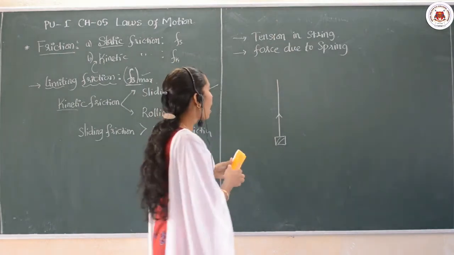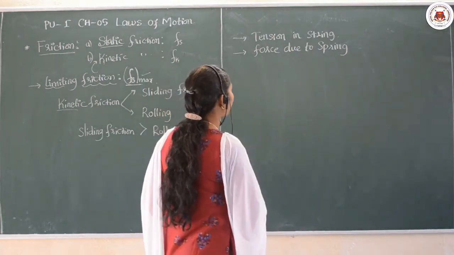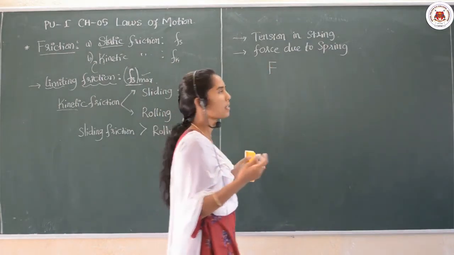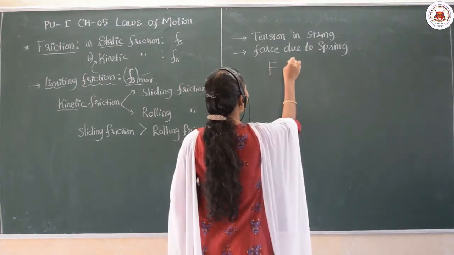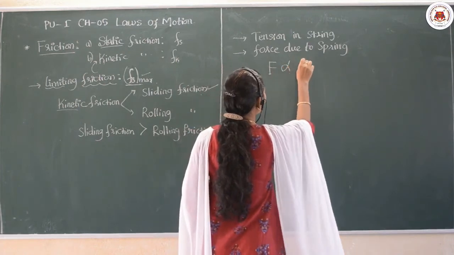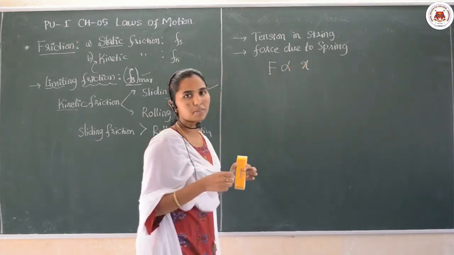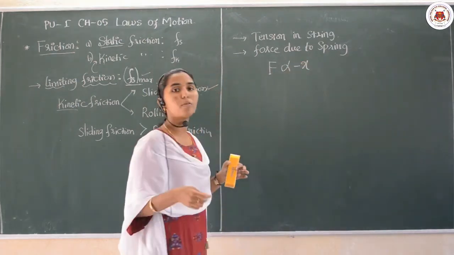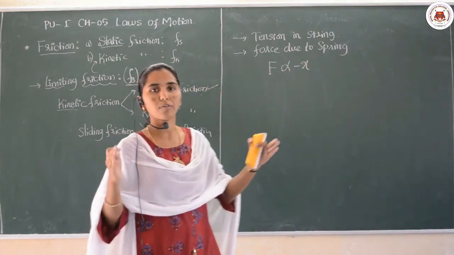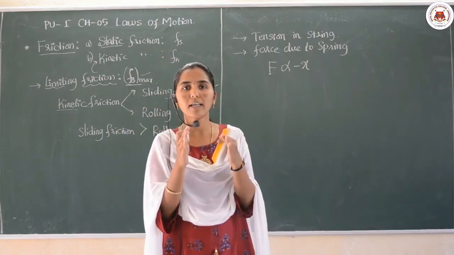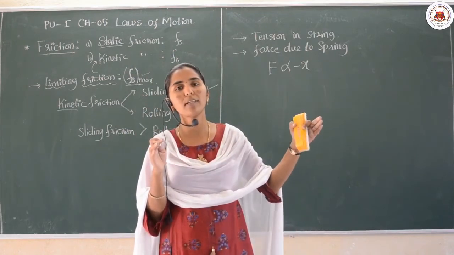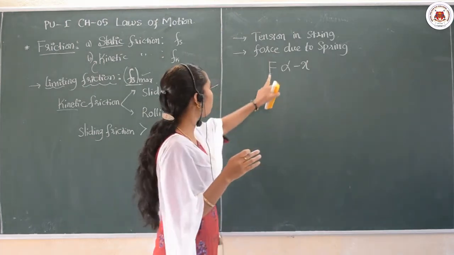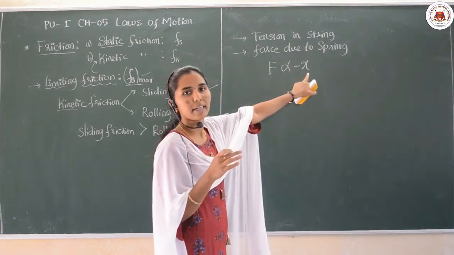In the case of force due to the spring, if F is the force and X is the displacement, remember the force is directly proportional to the displacement here. But how does it depend? It is opposite to the direction. If you apply the force in one direction, the displacement of the body is exactly opposite to the applied force. Therefore, we use the negative sign.